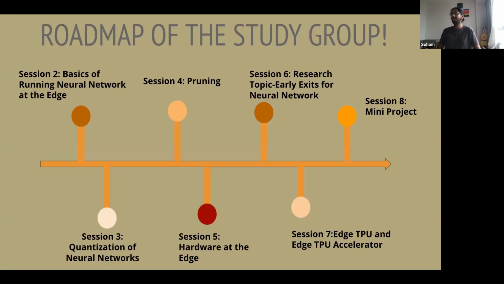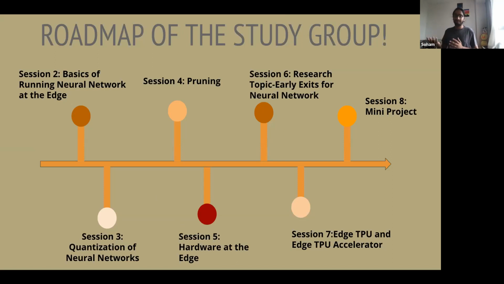So before we move ahead, a brief roadmap of the study. Currently we are at session 4. So far we've been talking about what edge computing is, and we've looked at one algorithm, which is quantization.